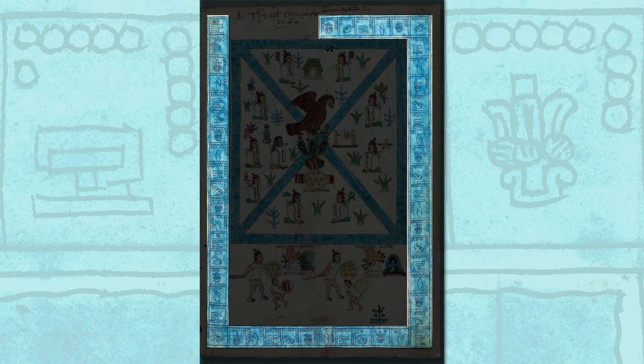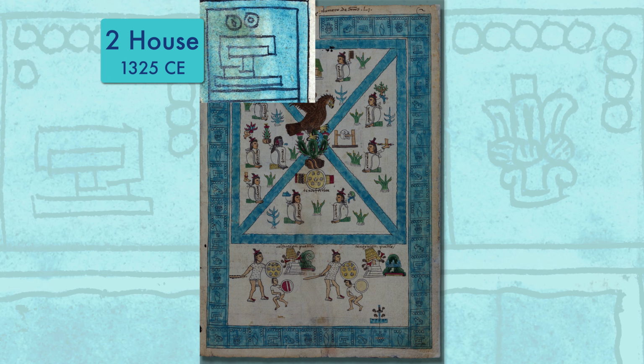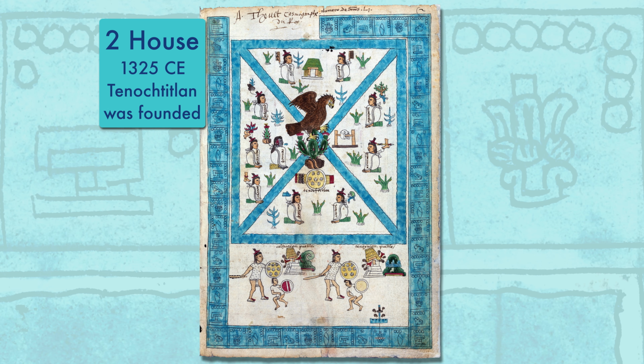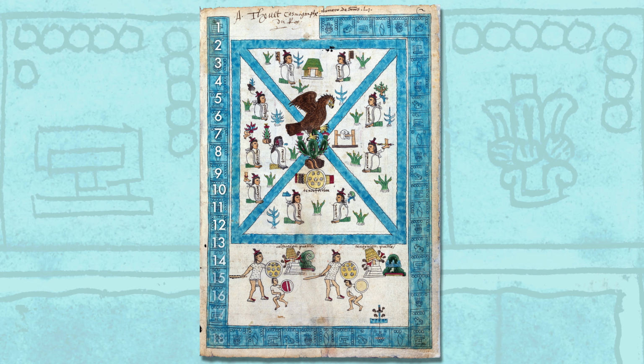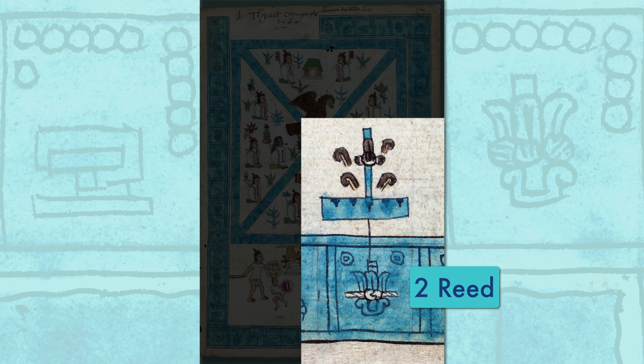Surrounding the page are hieroglyphs, starting with 2 house, which corresponds to 1325 CE. Now, this marks the founding of Tenochtitlan, and it ends with the hieroglyph 13 reed. There are 51 hieroglyphs in total. 1 year, 2 reed, is marked in a very specific way.